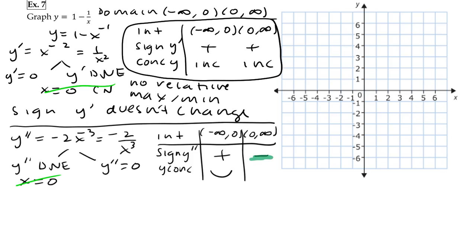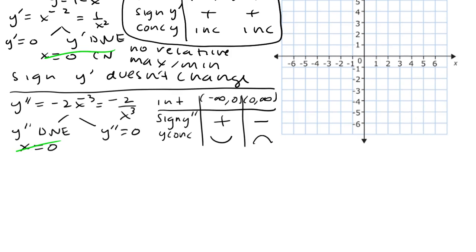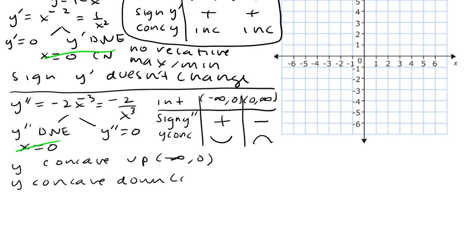If the second derivative is negative, we are down like a frown. So look at, we do have a change in concavity. So y is concave up from negative infinity to 0, and y is concave down from 0 to infinity.